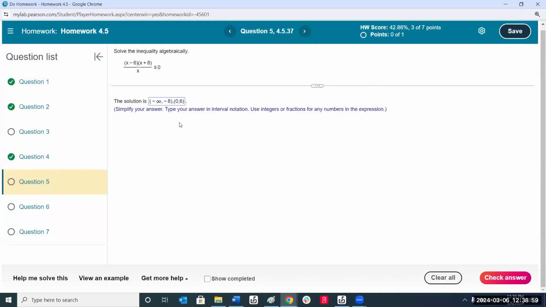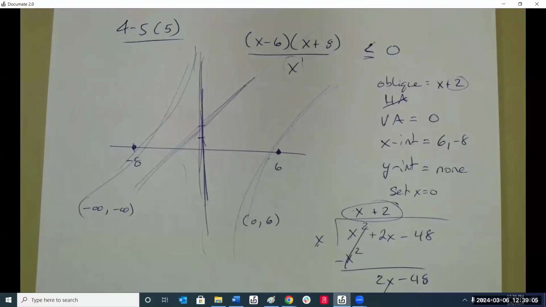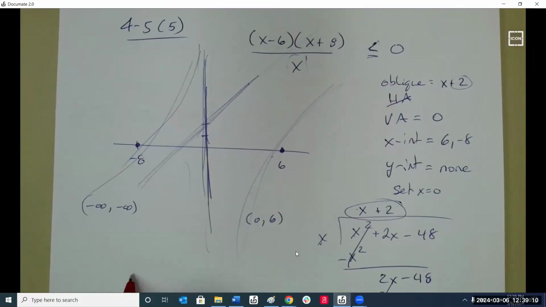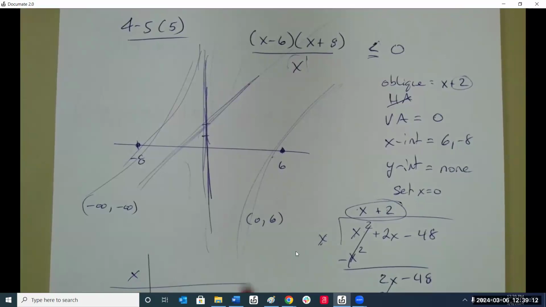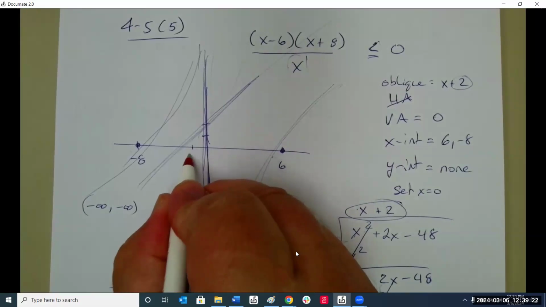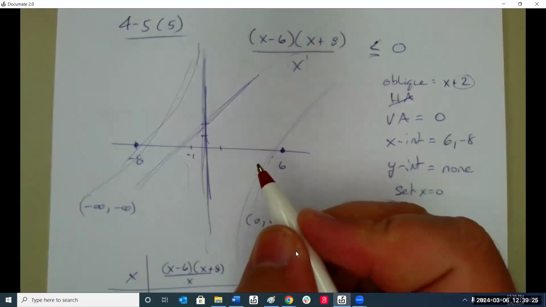What is it looking for? In interval notation, that's plus some points. So at -1 and 1.